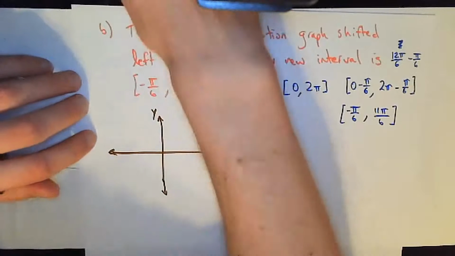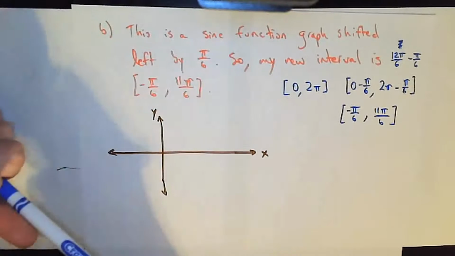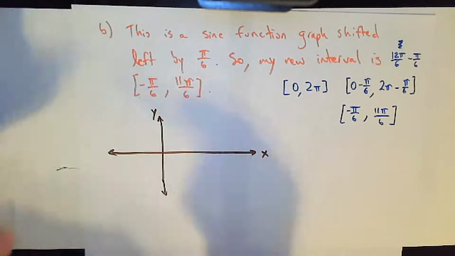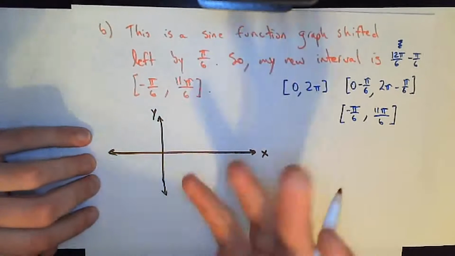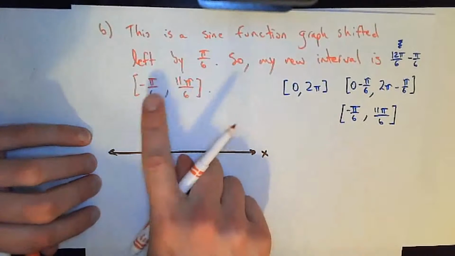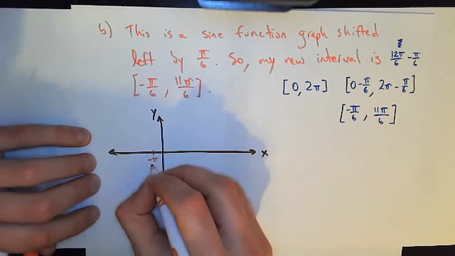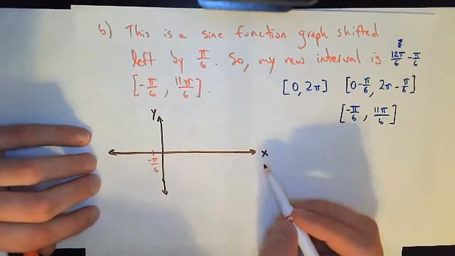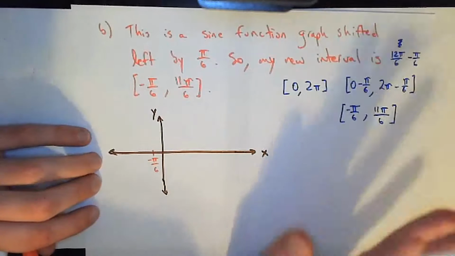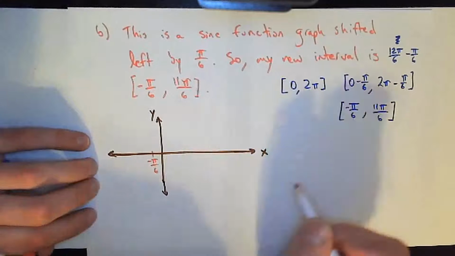The outer edges of my interval are going to be negative pi on 6, which I'll just put there, and 11 pi on 6, which is somewhere out here, but I'm not going to write it down yet because I want to make sure my tick marks are evenly spaced.